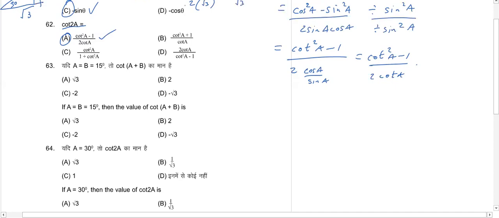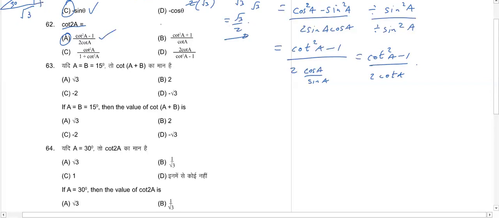Remember that 2 and that 2 cancel out. So 1 over root 3 times 3 over root 3 should give me root 3 over 2.